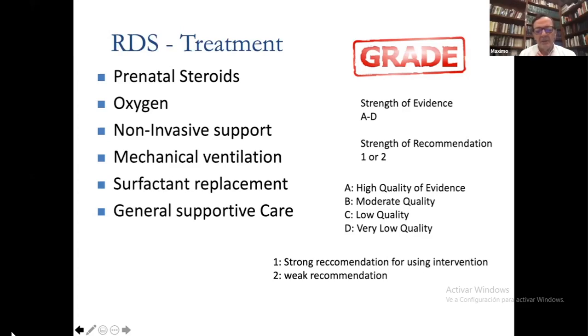And this is something that should be underscored, because in our search for the guidelines, we were searching for a long period of time, almost 2 years. A group of people were searching for the most relevant publications in each of the fields that you have here: prenatal steroids, oxygen, non-invasive support, mechanical ventilation, surfactant replacement, and general supportive care.